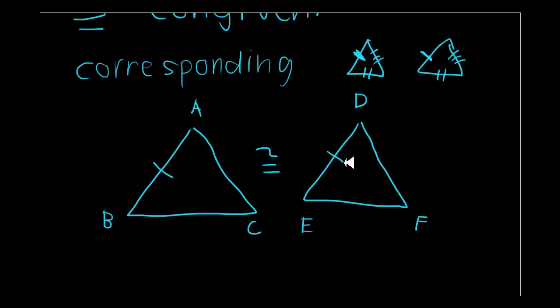They have to be congruent to each other. So let's say this one tick mark side is 3. Then this one also has to be 3.